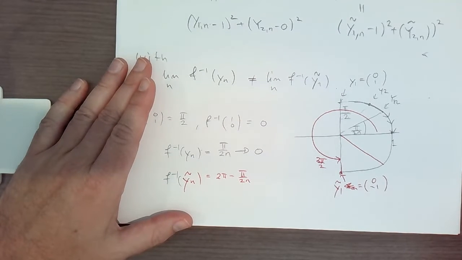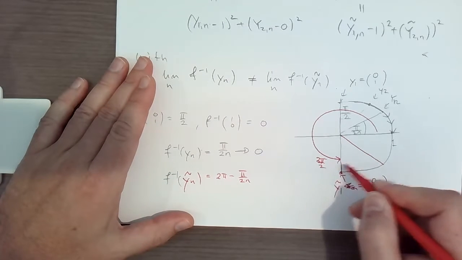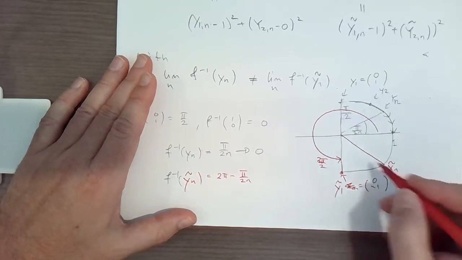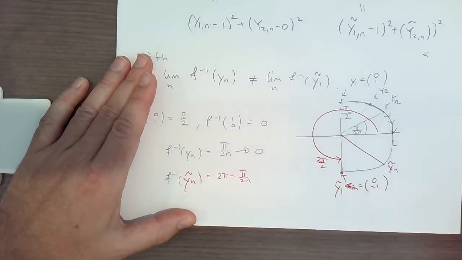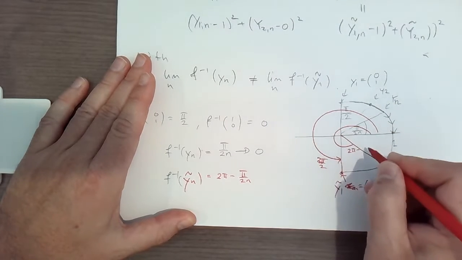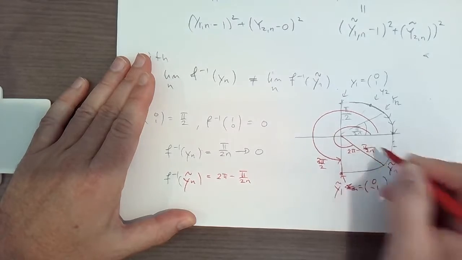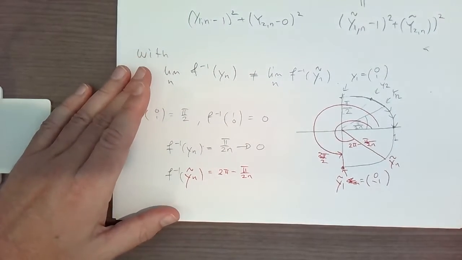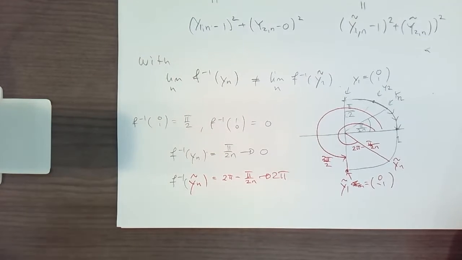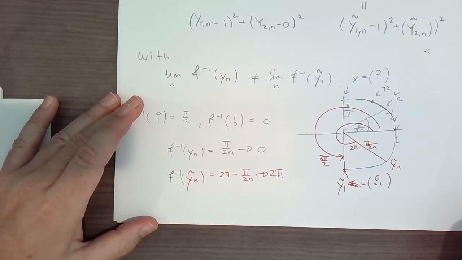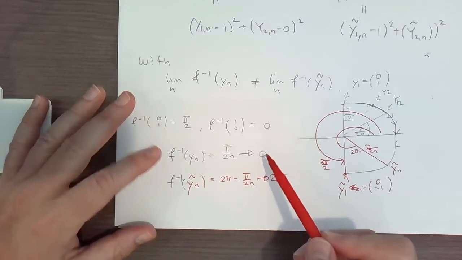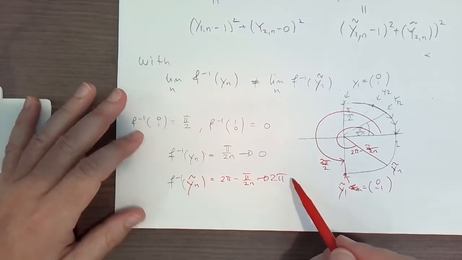So this was 3 pi over 2, and then the next one, my y tilde n, would be 2 pi minus pi over 2n. And now the crucial thing here is that this converges to 2 pi. So we don't have the right property: on one hand it goes to 0, on the other hand it goes to 2 pi.